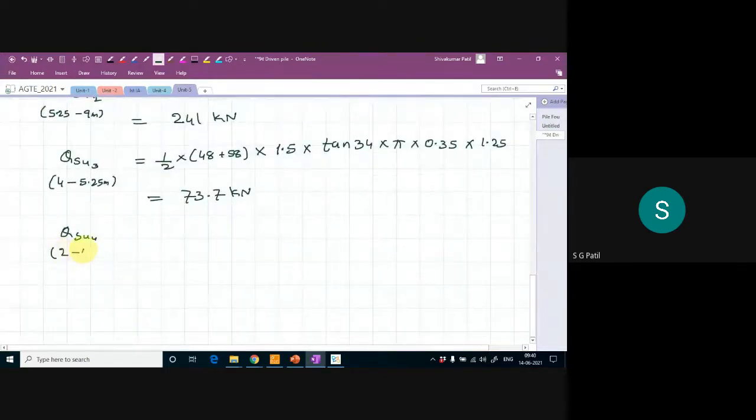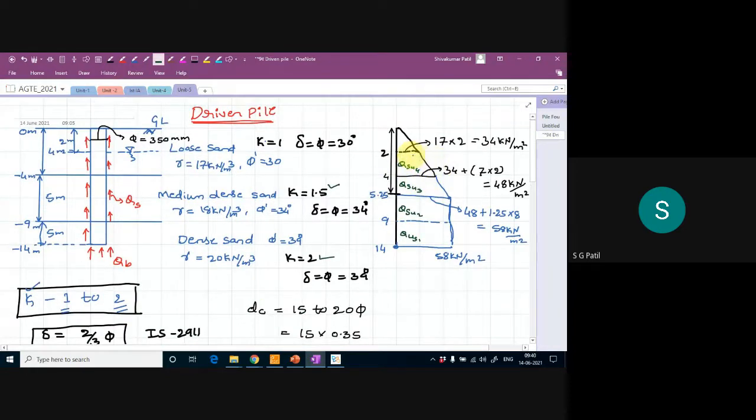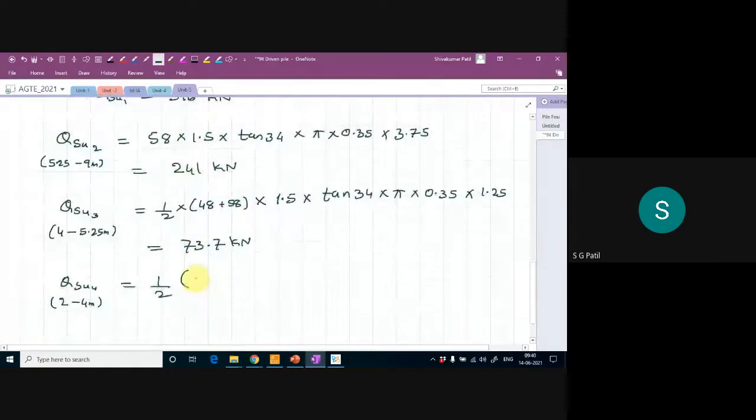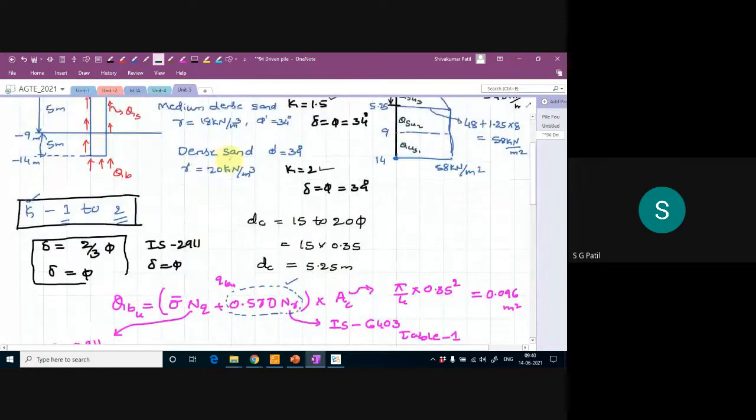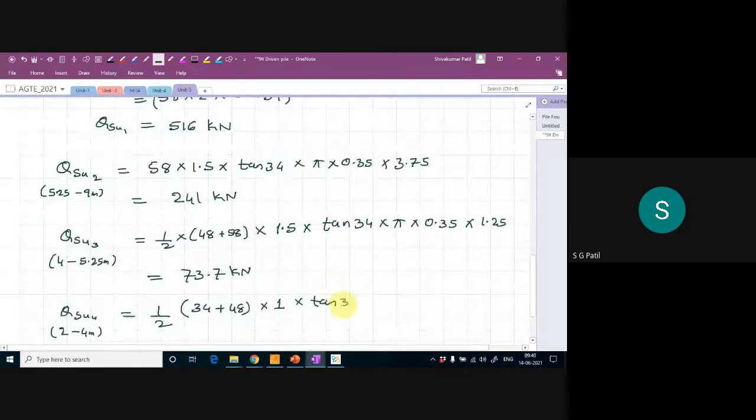It is half into the average overburden pressure, 34 plus 48 divided by 2, into the k value, which I think is 1, into tan of 30 degree into pi into D into L. L is 2 meter.